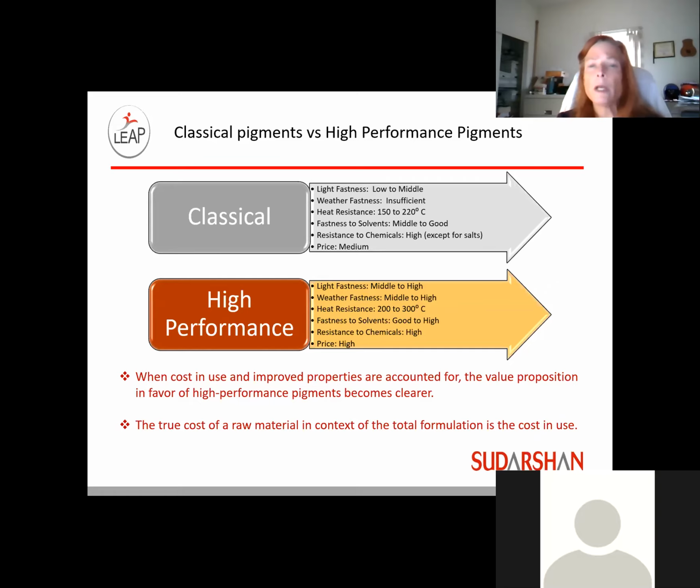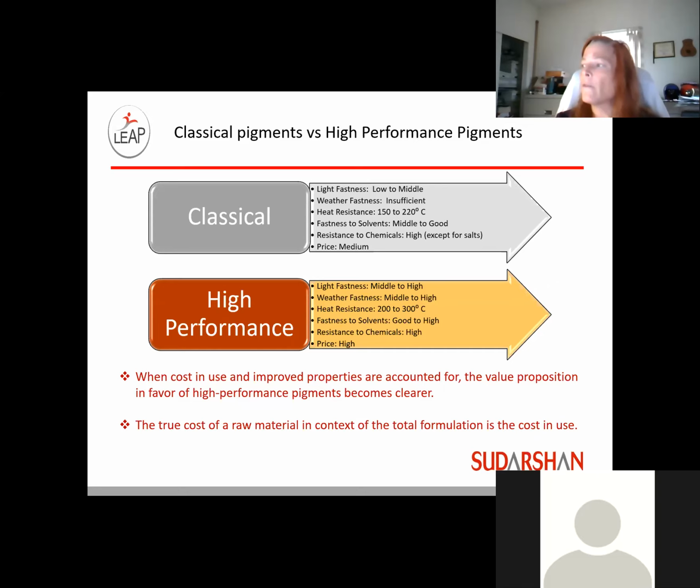There's more to a pigment than the price per pound that we are looking at when you consider all of the cost in use based on the improved properties like strength, chroma, durability.